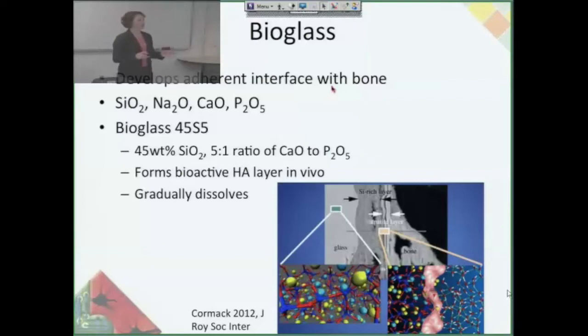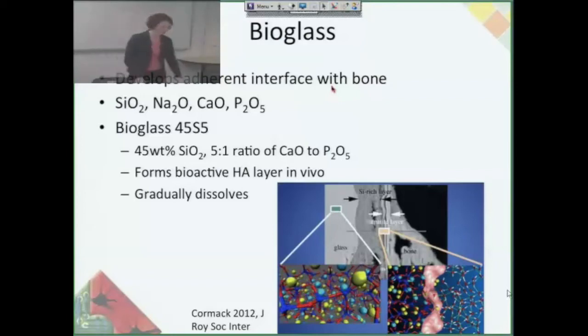It actually bonds to bone, and it was found empirically that the best formulation is 45% weight silica and a 5-to-1 ratio of calcium oxide and phosphorus pentoxide. That's really useful because it can bond to bone and form a good interface there, which is important for load transfer.